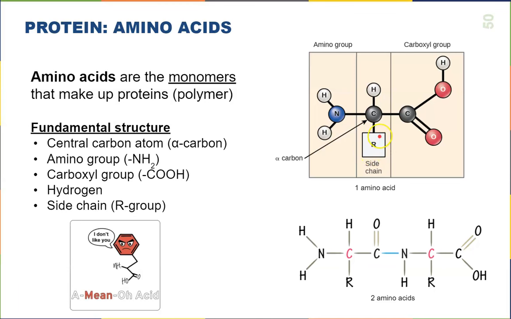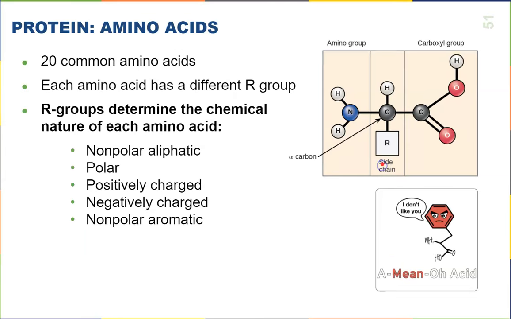This R is just a placeholder for the different amino acid R side chains. Again, there are 20 amino acids. Each one has a different R group. The R group can be different in the chemical nature that it has.